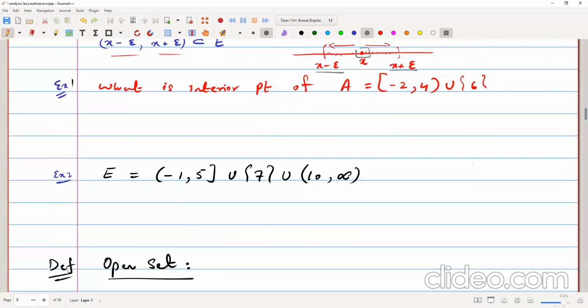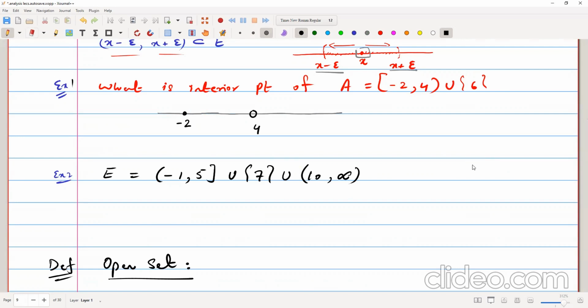Let's see this example. For instance, this is a semi-open, semi-closed interval. We can draw it on a real line. So this is -2. This is closed, so let me draw it with a thick dot. And this is open at 4.